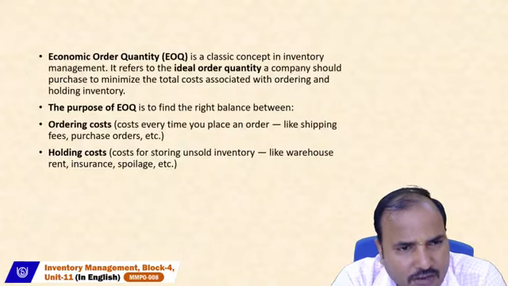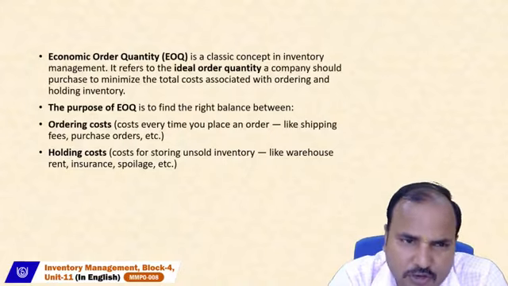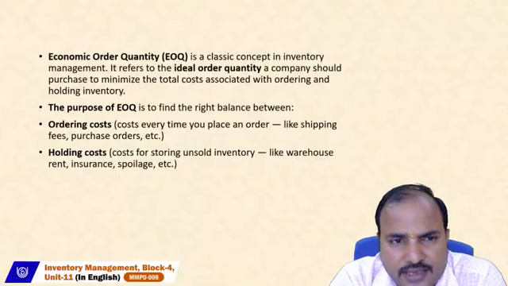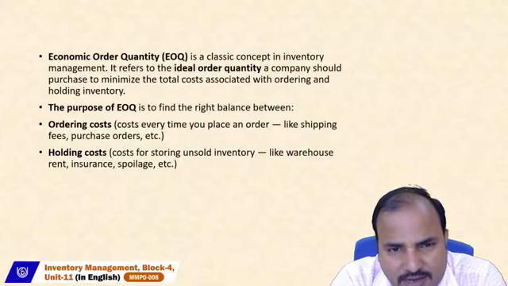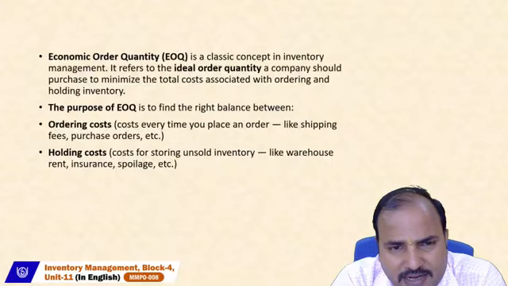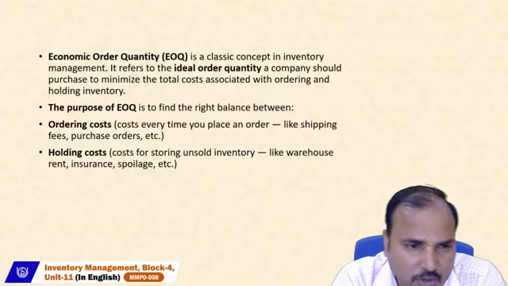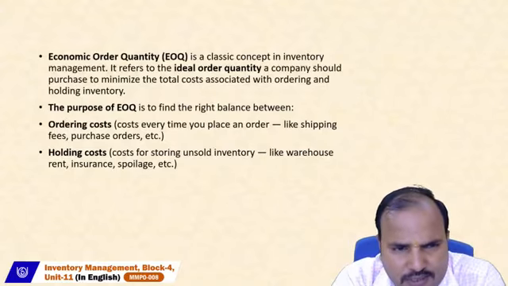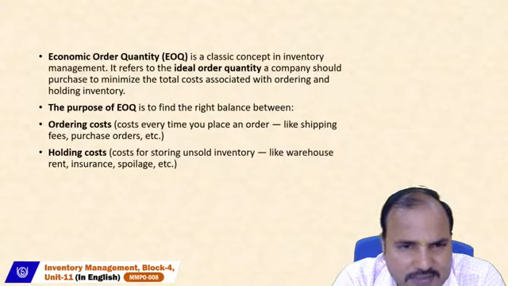The purpose of EOQ is to find the right balance between ordering cost and holding cost. Ordering cost is the cost every time you place an order, like shipping, fees, purchase orders, etc. But holding cost is the cost for storing unsold inventory like warehouse rent, insurance, spoilage, etc.